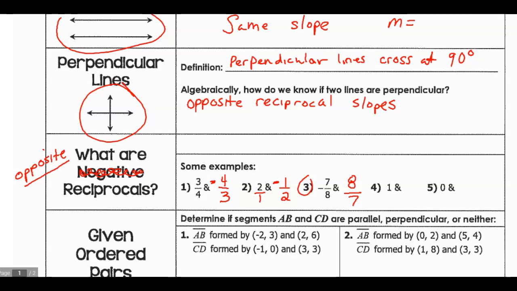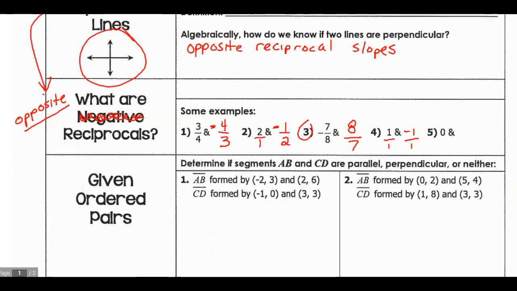And since the negative was here, this one's positive to get your opposite reciprocal. So these are all, again, examples of perpendicular lines. And the perpendicular of 1 over 1 is negative 1 over 1.